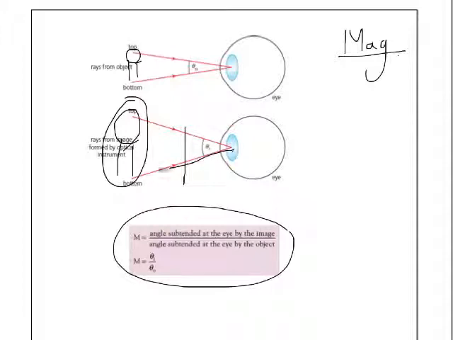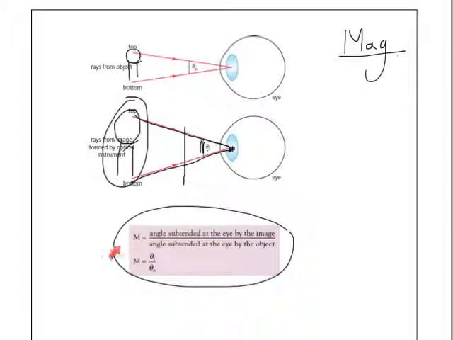The whole range of the object, the light from the object that comes into your eye, if you can imagine the angle that the top and the bottom makes with your eye, that would be the angle subtended.